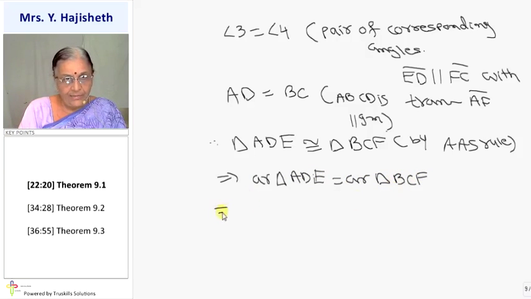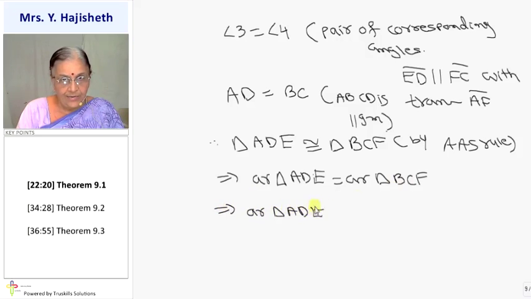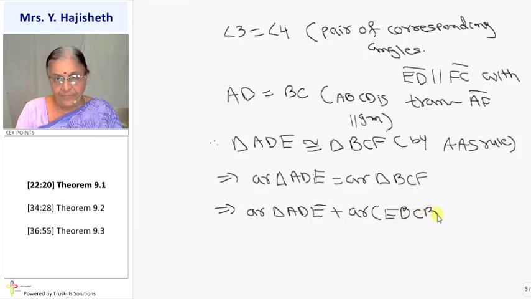Now adding that portion on both sides. Area of triangle ADE plus area of portion EDCB is equal to area of triangle BCF plus area of portion, closed figure, EDCB.